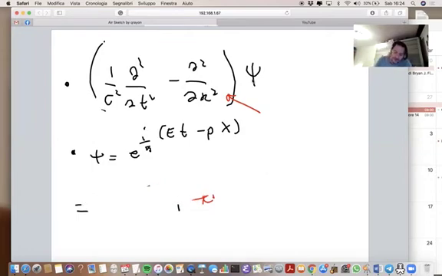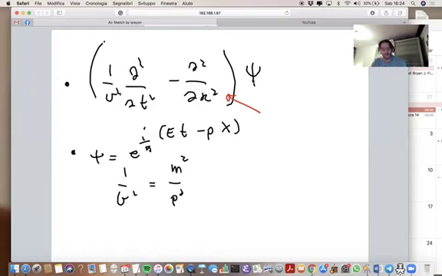So what was the mistake that I was making, the sloppiness? For some reason, I was replacing the velocity downstairs with the momentum divided by the mass, which is, of course, true if you assume that the velocity of a particle is the momentum divided by the mass.